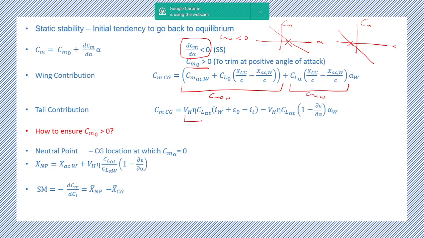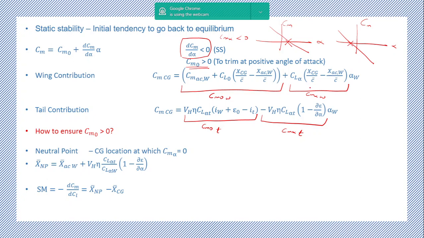Similarly for the tail, we have Cm naught tail, and including the negative sign, you have Cm alpha tail. Now from these equations, can you try to tell me if the wing is stabilizing or destabilizing in terms of longitudinal stability typically?